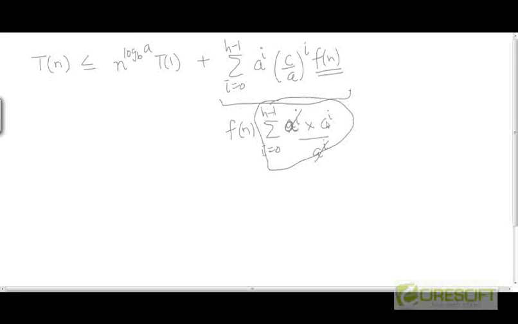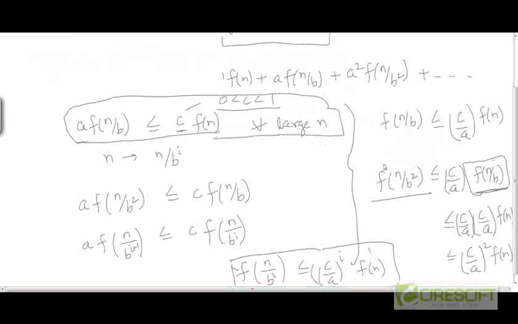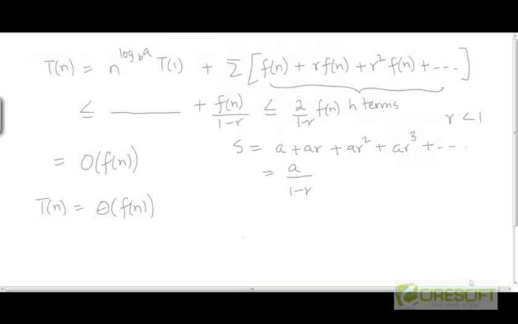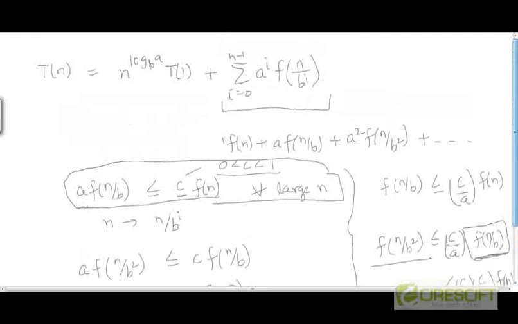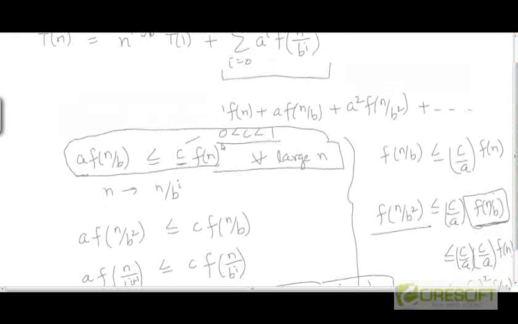We get this geometric series c to the power i, which is a decreasing geometric series. Why? Because the value of c, which is the common ratio here, is less than 1. So this is in fact an assumption that we are making in case 3.